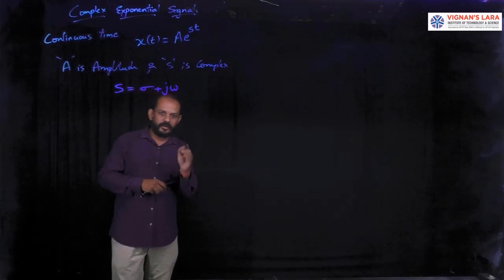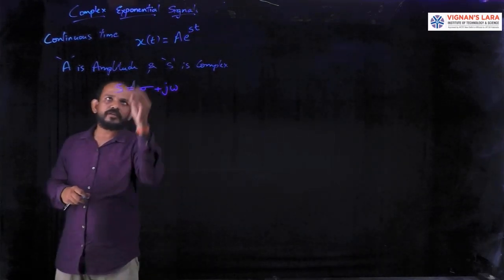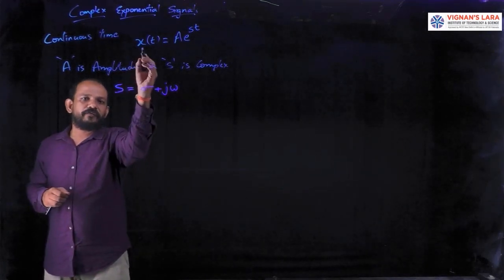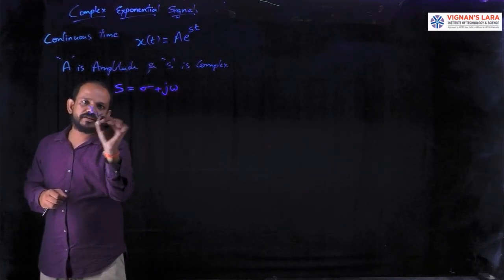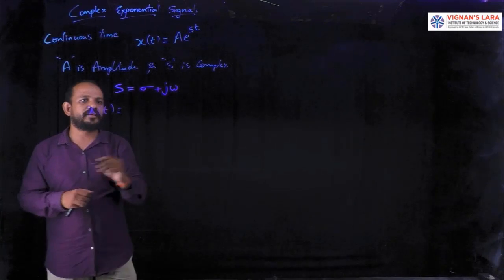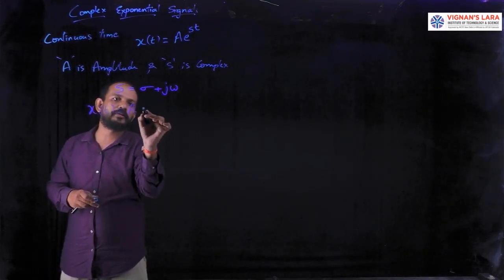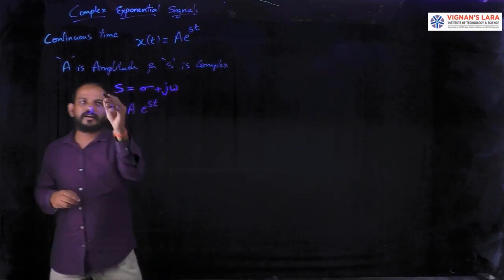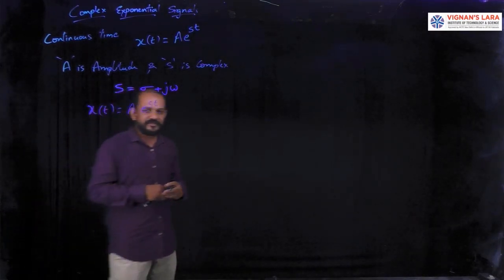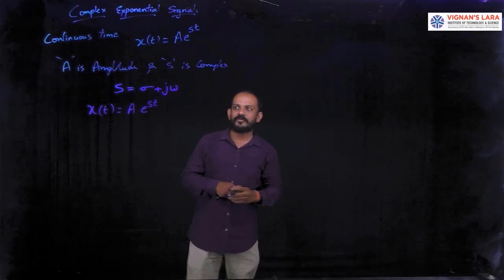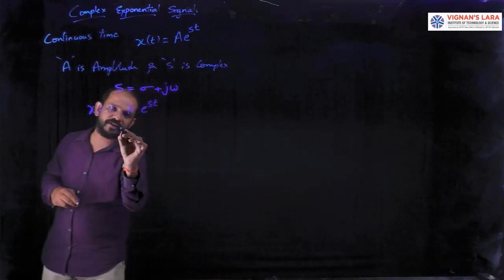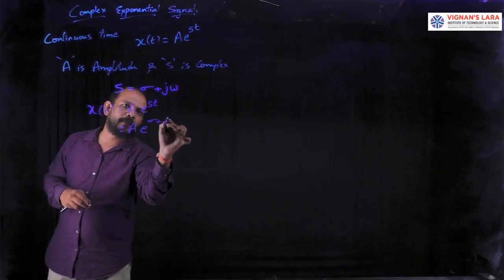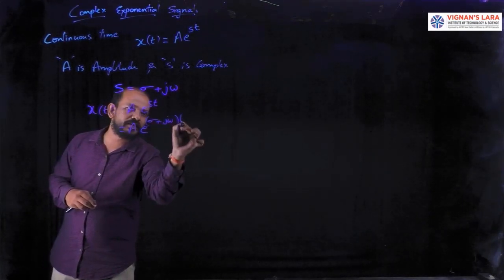Now consider x of t equal to A into e power st, where the complex value s equals sigma plus j omega. How can you write this equation? A into e power sigma plus j omega into t.